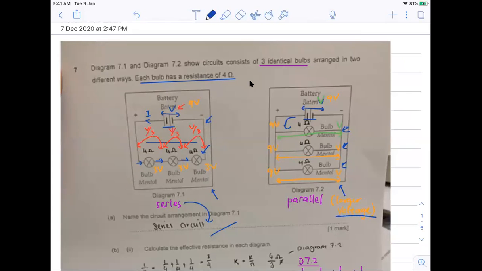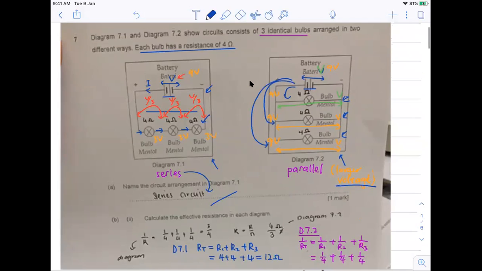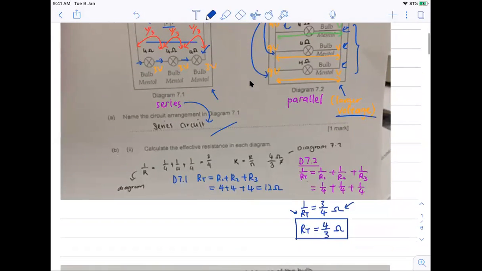For the parallel connection, there will be more current which is shared to each branch. This is because, as we have calculated here, the parallel arrangement gives 4/3 ohm, and for diagram 7.1 we get 12 ohm.